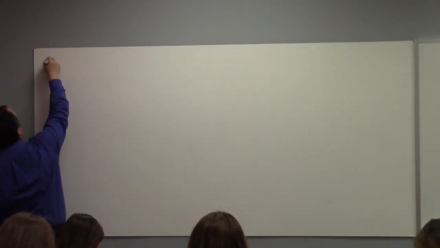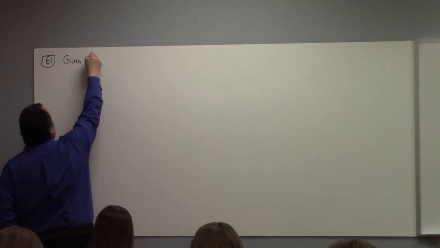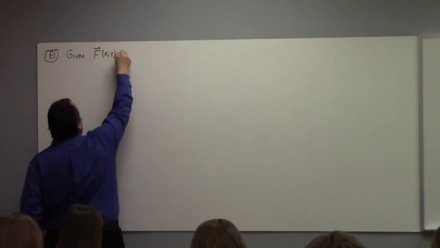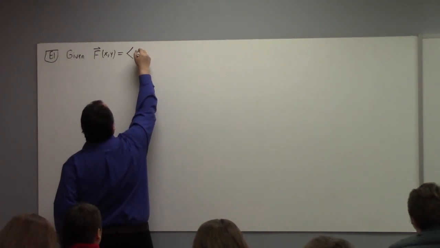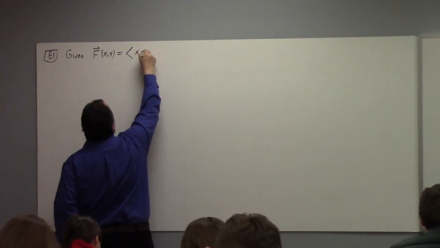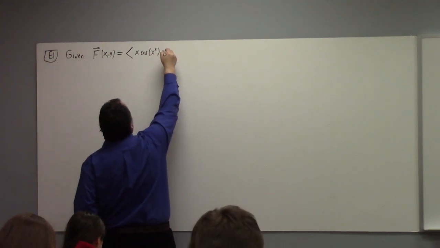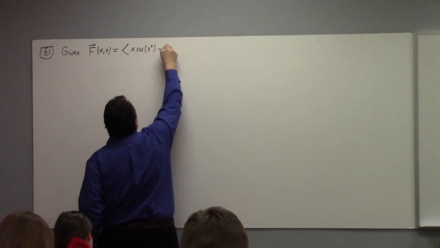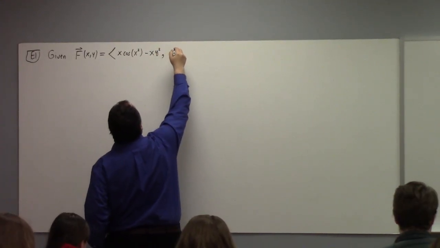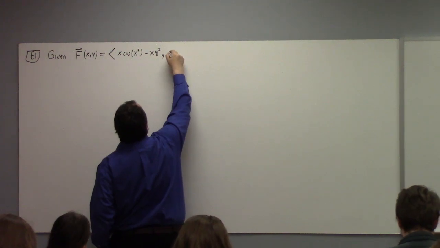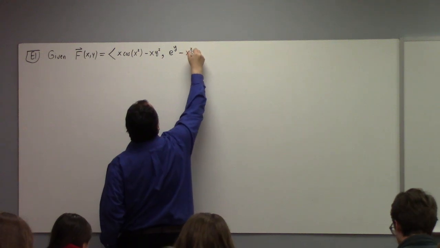So, example 1. Suppose we're given the force field, let us say, x cosine of x squared minus xy squared, comma, e to the y minus x squared y.